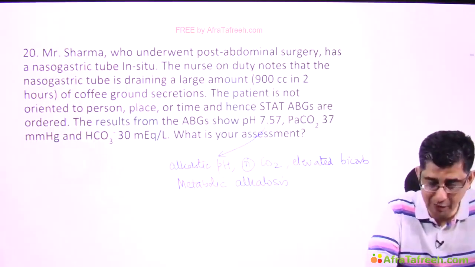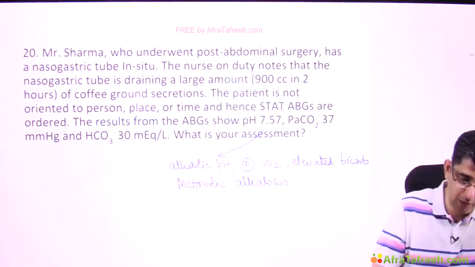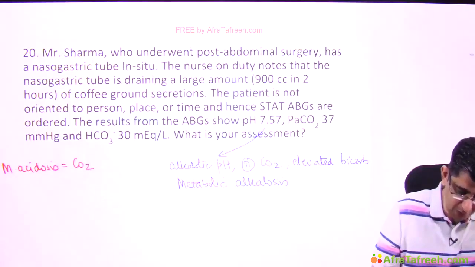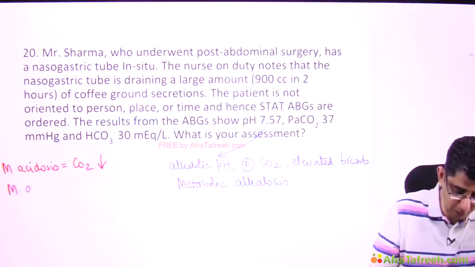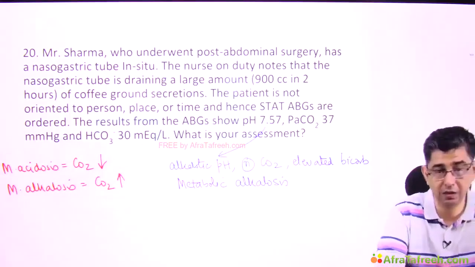So carbon dioxide is expected to rise in this condition. Remember my statements. In all patients having metabolic acidosis, there should be hyperventilation that causes carbon dioxide to decrease. Whereas in all cases of metabolic alkalosis, the compensatory process is that respiration will slow down and carbon dioxide will tend to increase.